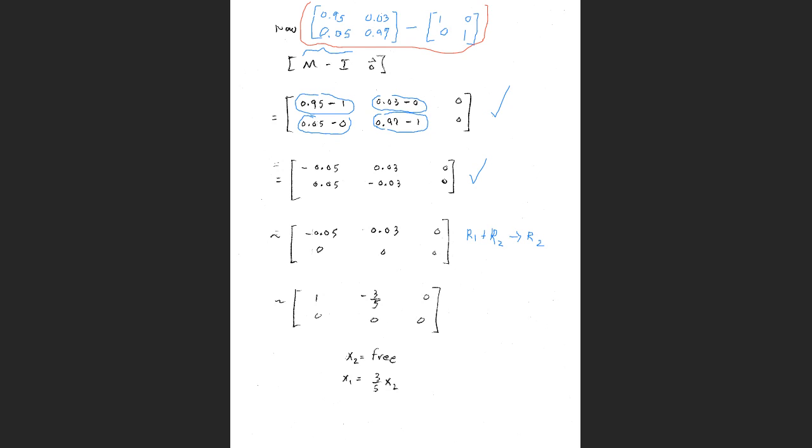Okay, and then I tend to like to avoid fractions. This is no big deal. I'll just multiply the first row by what? What am I multiplying the first row by?